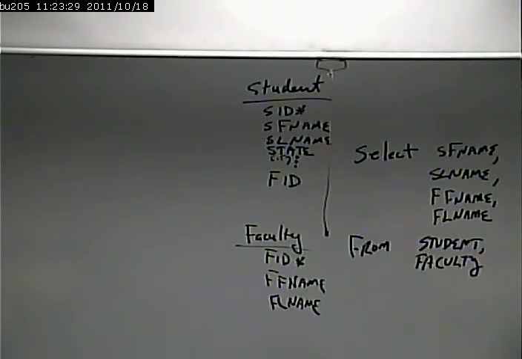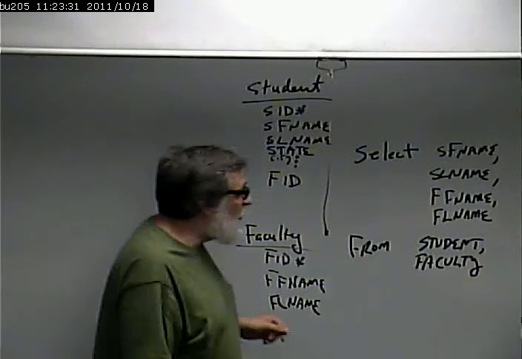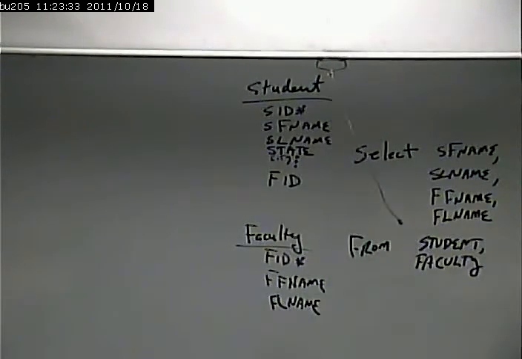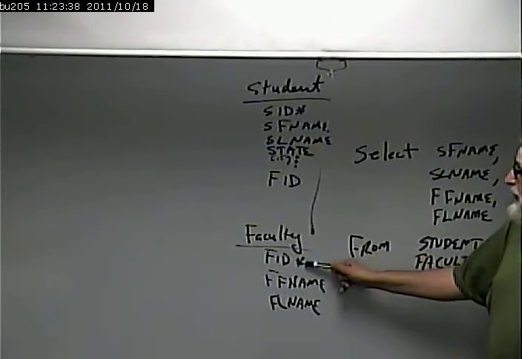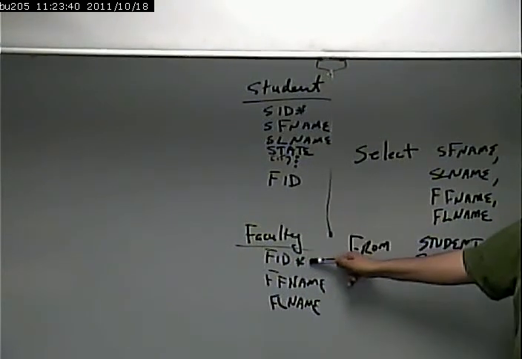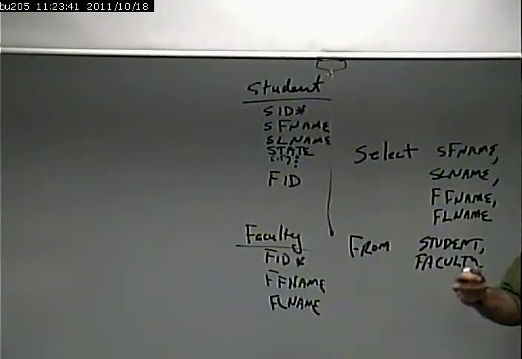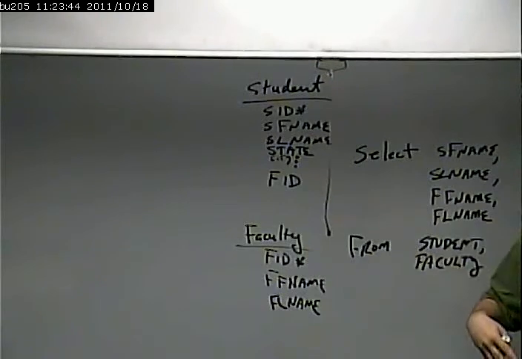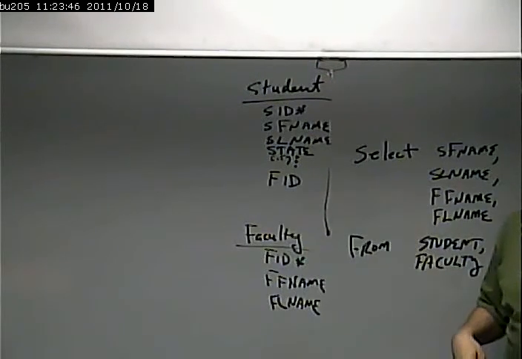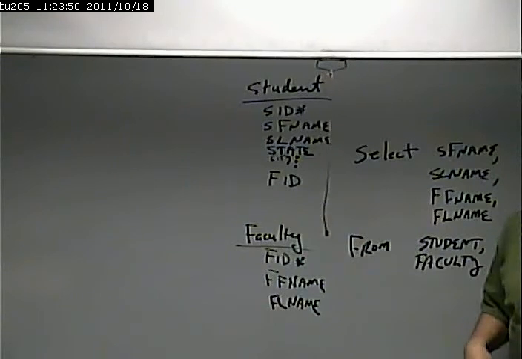Now, how does that work? Well, what we want to do is match up the student to the faculty person using this faculty ID. In other words, if I gave you two sheets of paper, one that said, here's the students, student 1 is Joe, student 2 is Mary, student 1's faculty ID is 5, student 2's faculty advisor is 8.